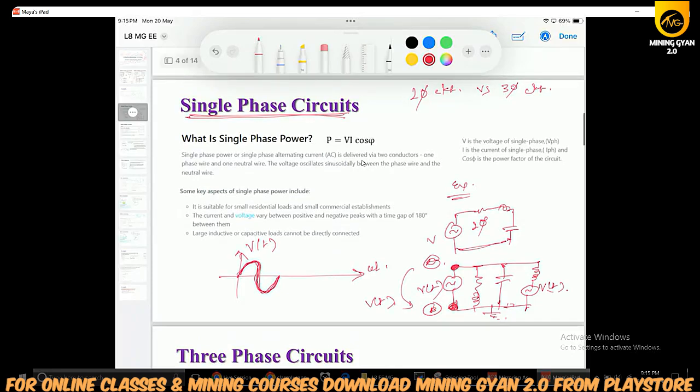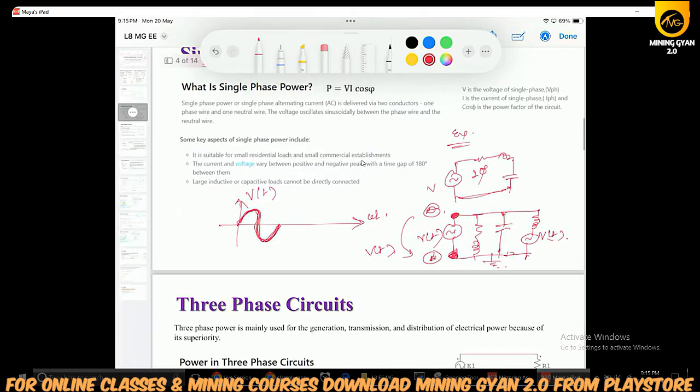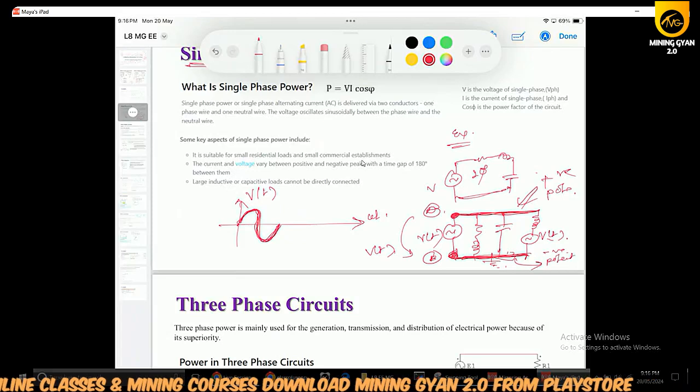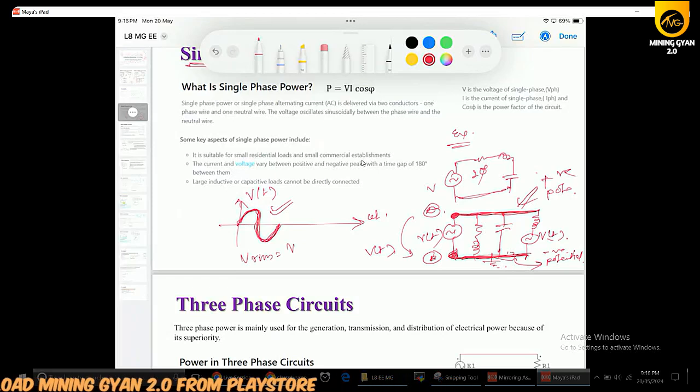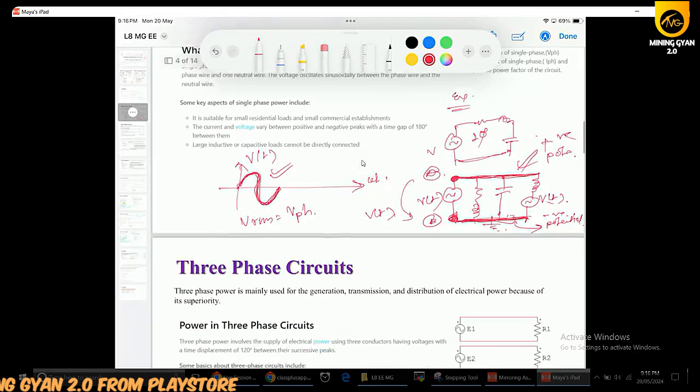This conductor is the neutral conductor, and this conductor is the live conductor. Live conductor means it is at the positive potential, and this conductor is at the negative potential or grounded. So there is only one phase. This is the phase, and the RMS value will be its phase value, and Vm is the maximum value.